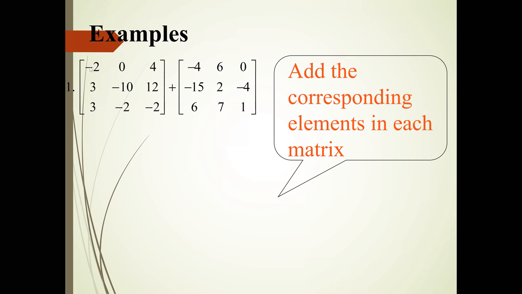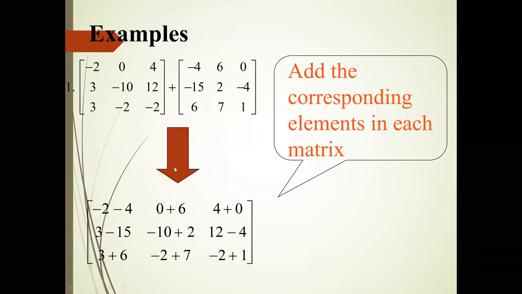So we add that value to the number in the first row of the first column of the other matrix. Likewise, first row, second column is added with first row, second column, and we do the same for all the other elements in the matrix.